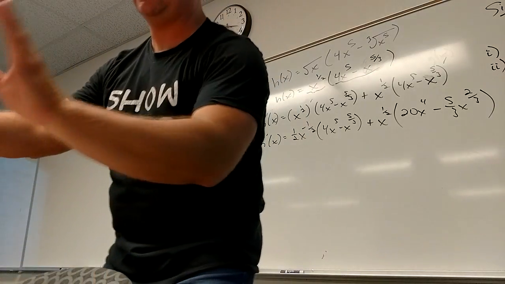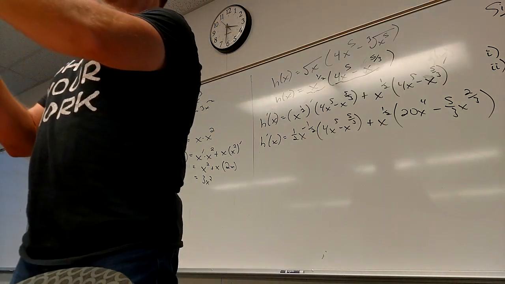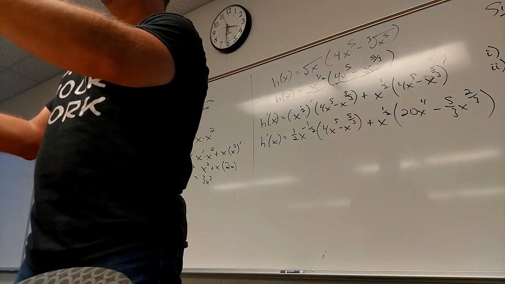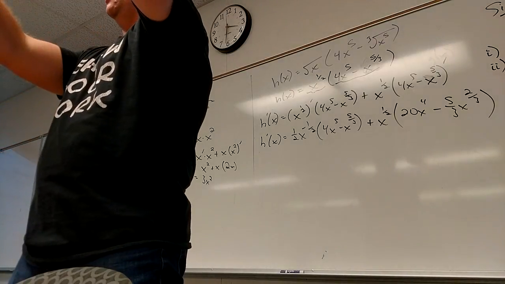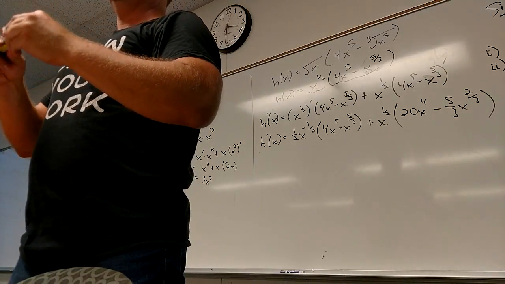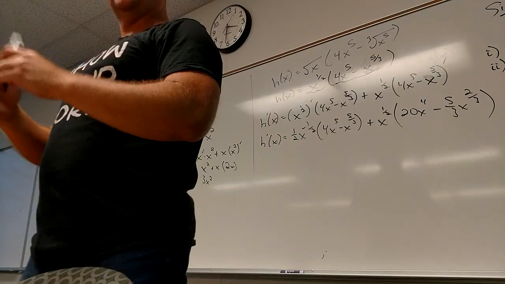I think it's a good place to stop. The next thing we'll probably talk about is the quotient rule. What if I have a function divided by another function? How do I take that guy's derivative? Cool. All right. That's enough for today.